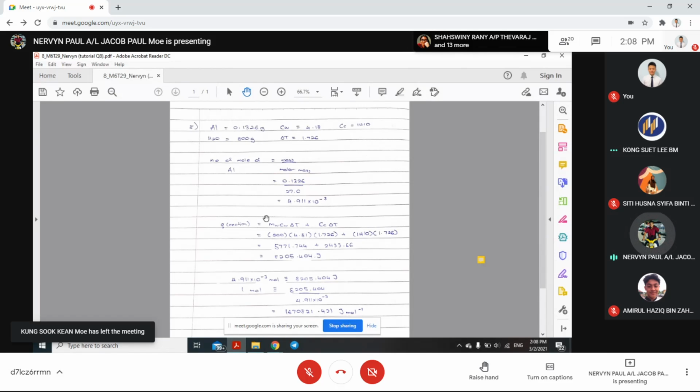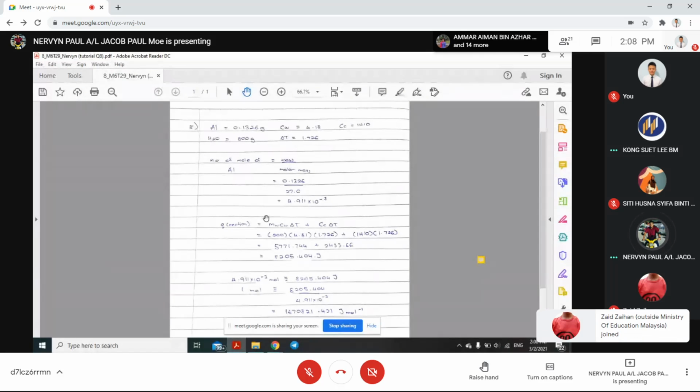And they gave the temperature change, which is 1.726. They gave the mass of water, which is 800 gram. And also they gave the specific heat capacity of water, which is 4.18 joule per gram per degree Celsius.